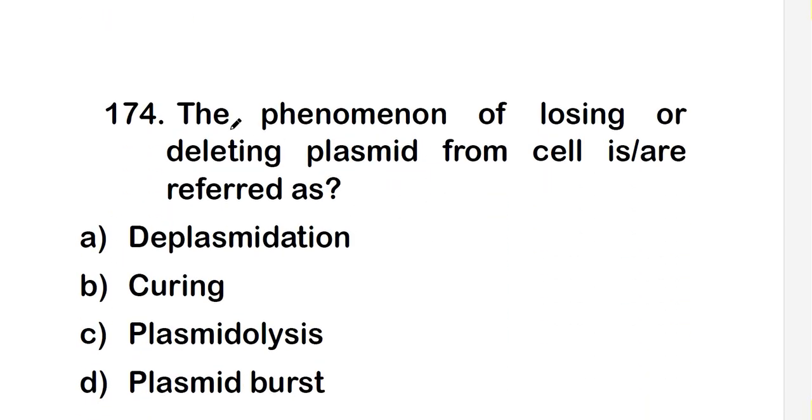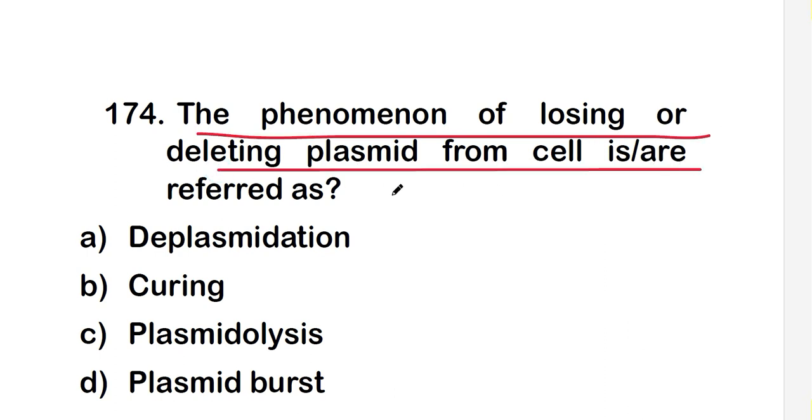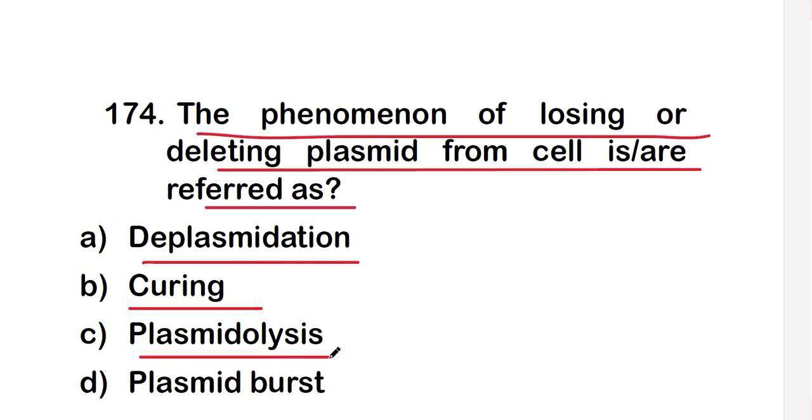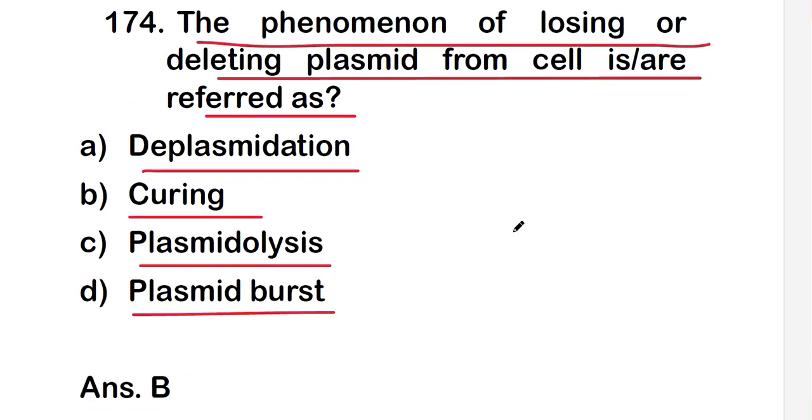So the next question is 174. That is the phenomenon of losing or deleting plasmid from cell is or are referred as option A deplasmidization, option B curing, option C plasmidolysis, or option D plasmid burst. So the right answer is option B, that is curing.